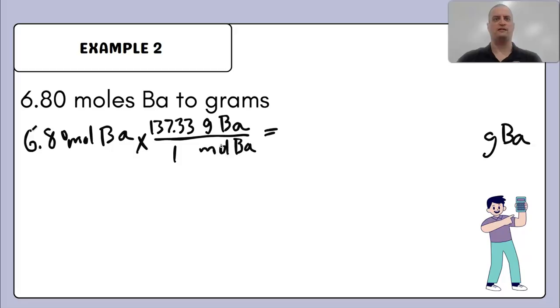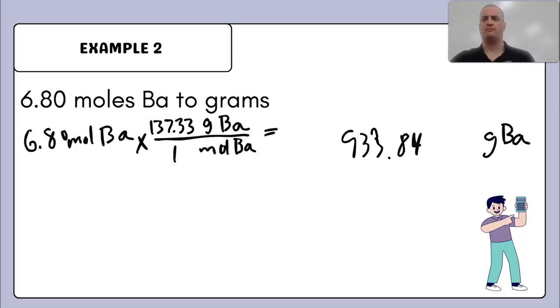So when I do my units and my numbers, that sets up for multiplication and division. So I get from that calculation 933.84 grams. So again, just multiplying across the top, I don't have to do anything with the 1, and that's that.